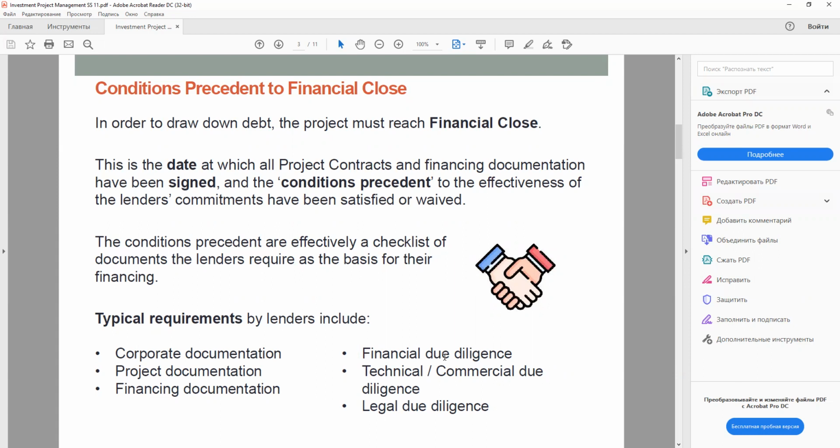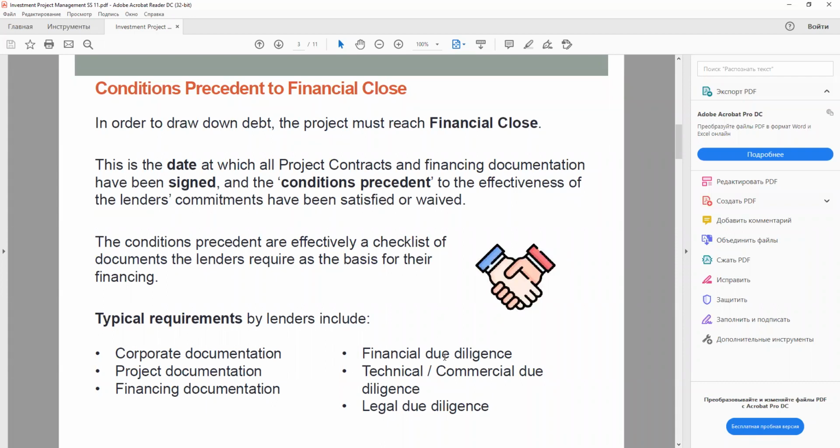The period between the signature of loan documentation and the final achieving of financial close can become very lengthy if not well managed. It is the sponsor's responsibility to manage this process effectively, preferably by gathering as much of the CP documentation as possible in advance of loan signing to ensure minimum delay before financial close.